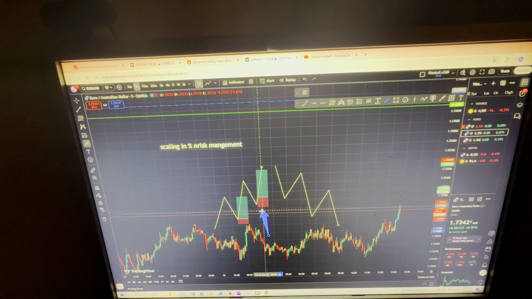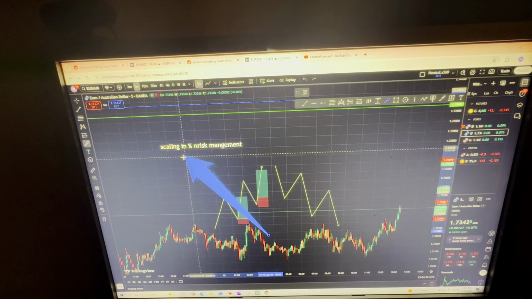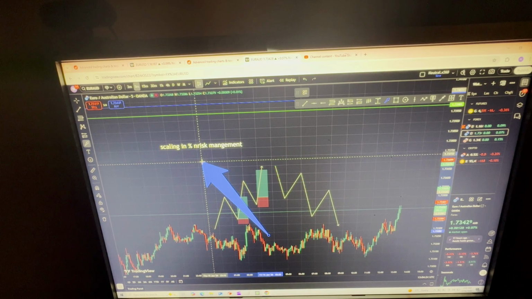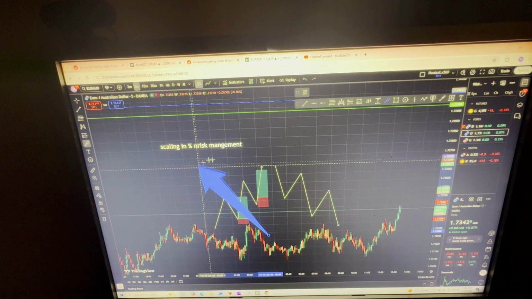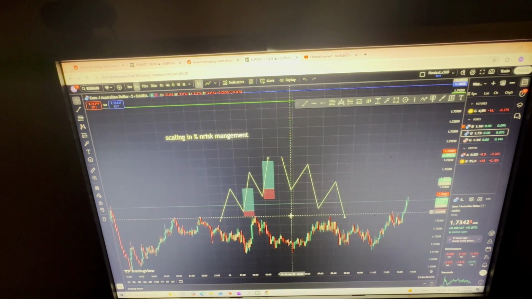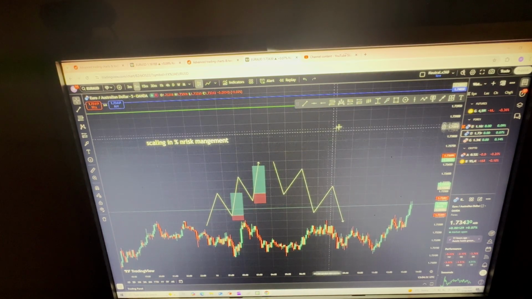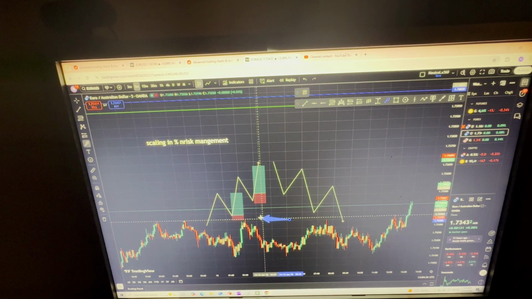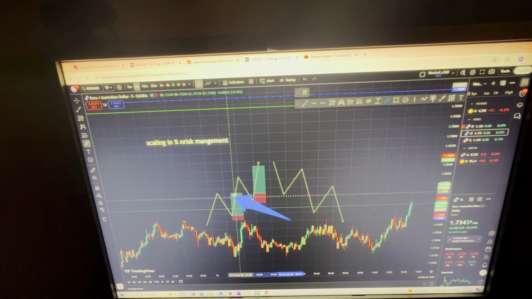Then yes, this comes with risk management. A lot of people confuse this thing with risk management. They don't know how to manage a trade like this when the trade is running. So let's say you get on this trade now. This trade is already running and we don't know how long the trend will move.